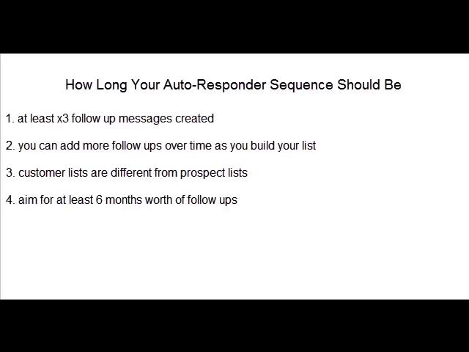How long your autoresponder sequence should be for prospects. These are people that have not yet purchased anything from you. Now you should aim for 6 months worth of follow-ups, and this is a good number to aim for, because the more follow-ups you have in place, the more effective your campaigns will generally be.